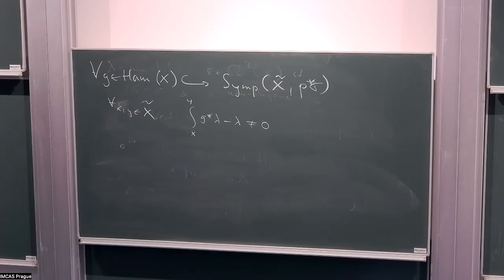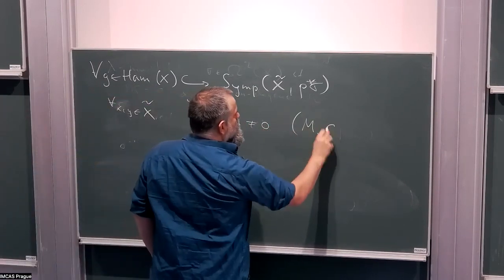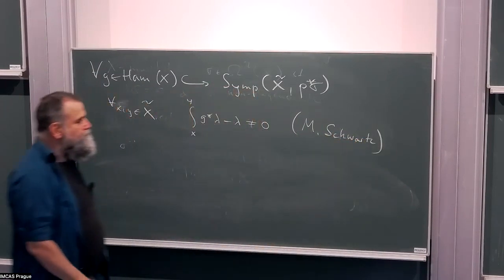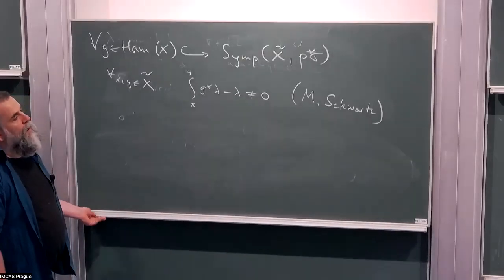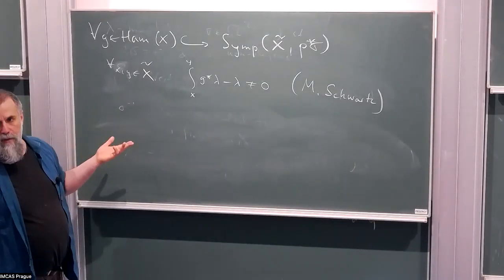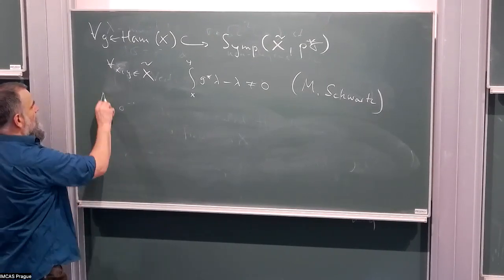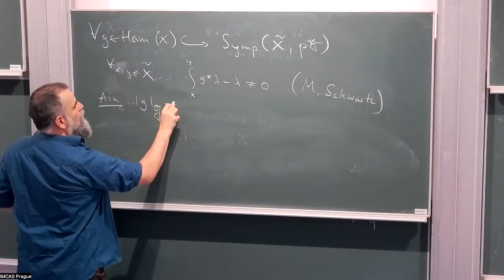Okay. So in our case, we start with G because our aim is to show that this thing is non-zero.